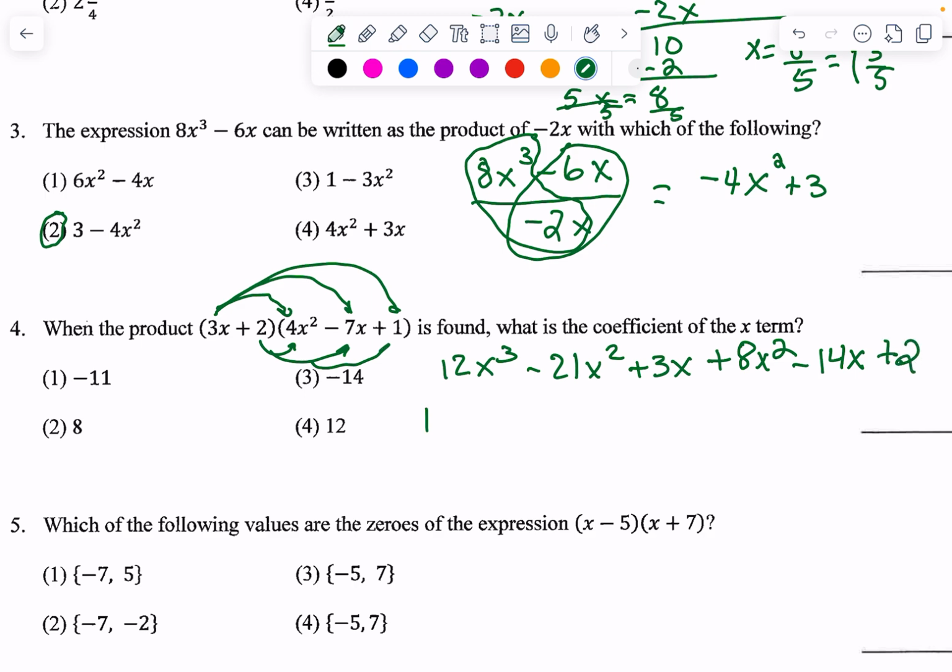All right, so the first term doesn't have any like terms. We have negative 21x squared and positive 8x squared, right? If we put those together, we get what? Let's see, 21 minus 14. Oh, where's my calculator? 21 minus 14.